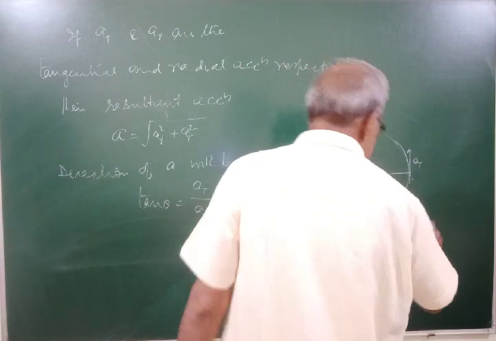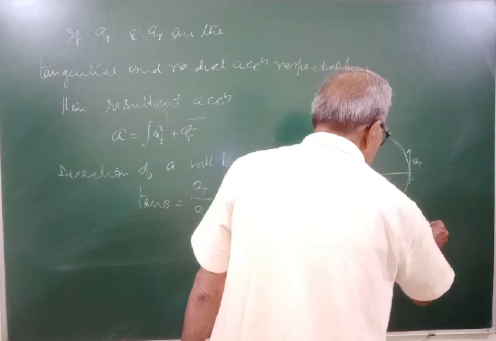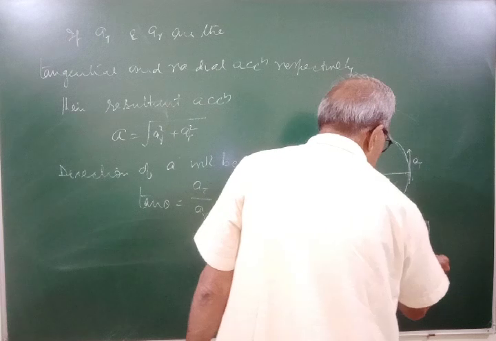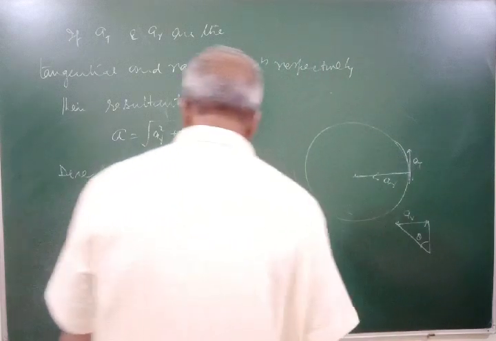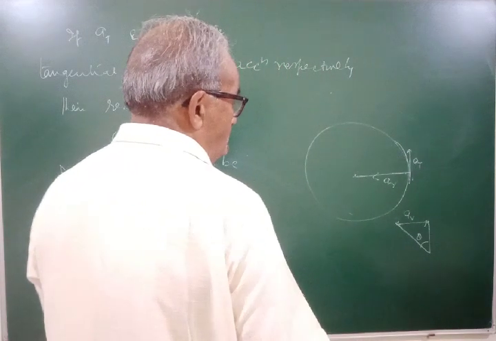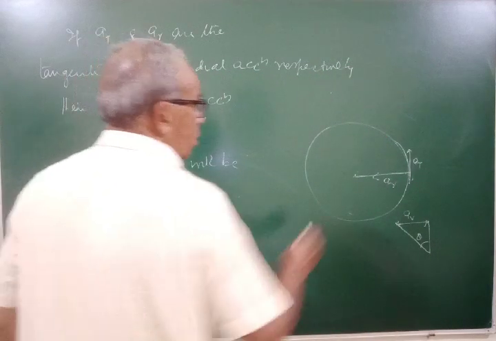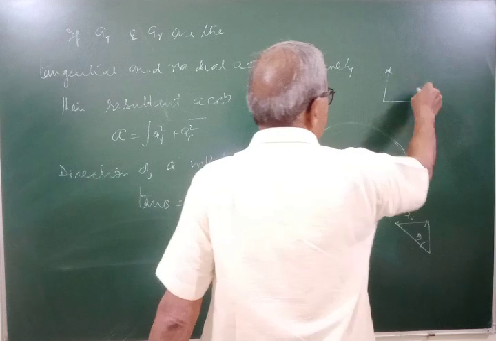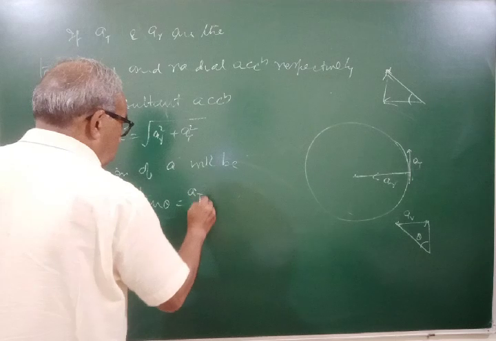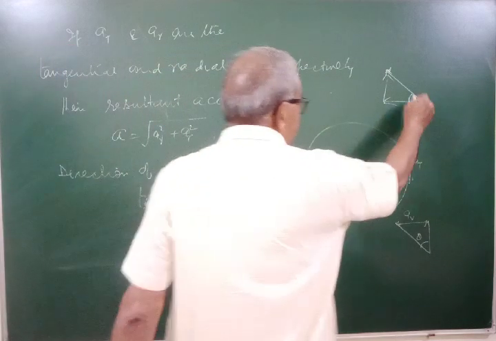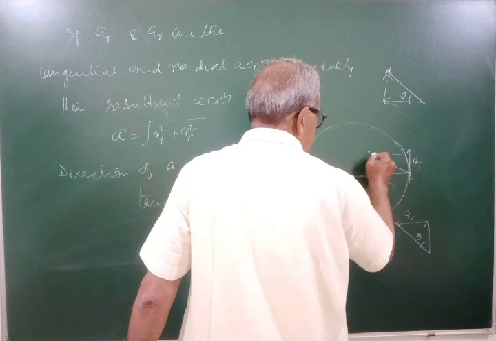So the resultant of AT plus AR added like this makes an angle theta. I wrote it the wrong way round; it is AR upon AT. We can add them like this. It is AR, this is AT, yes, this is correct: AT upon AR, making angle theta with AR like this.